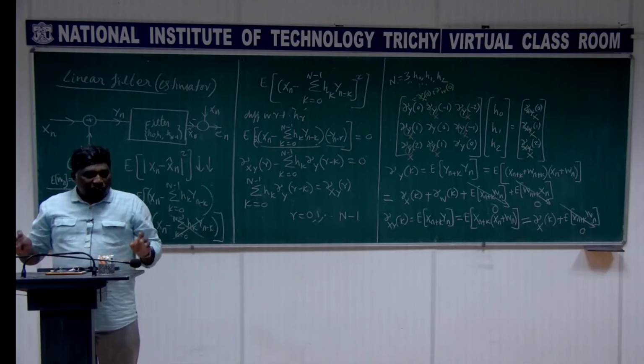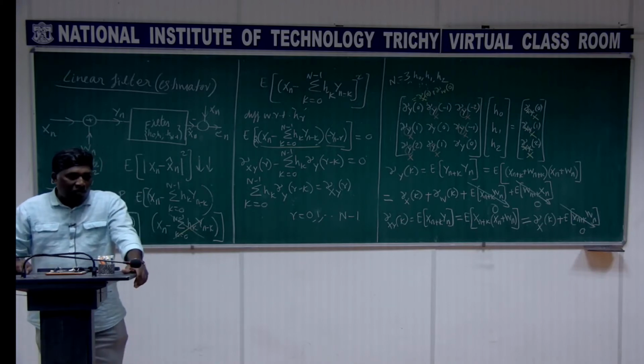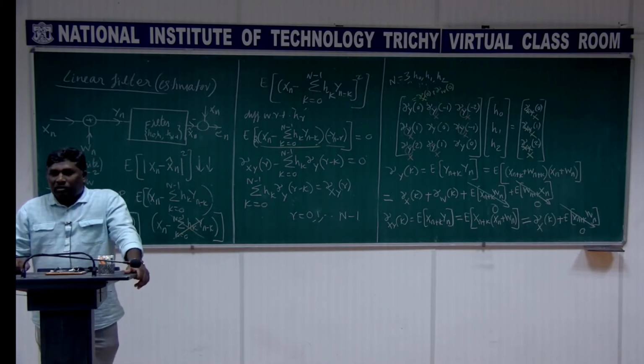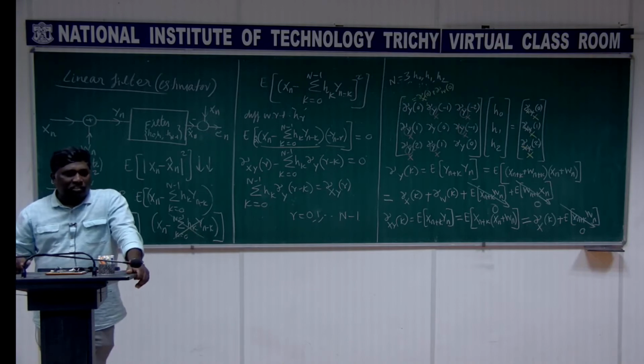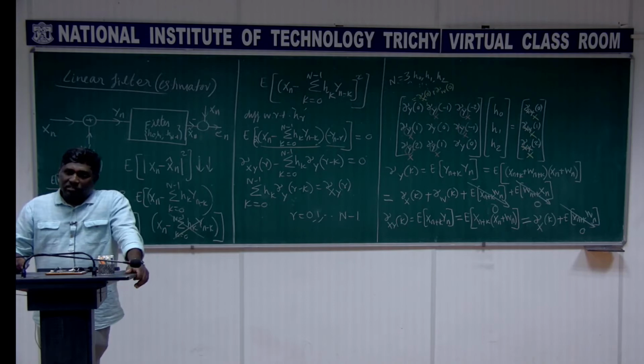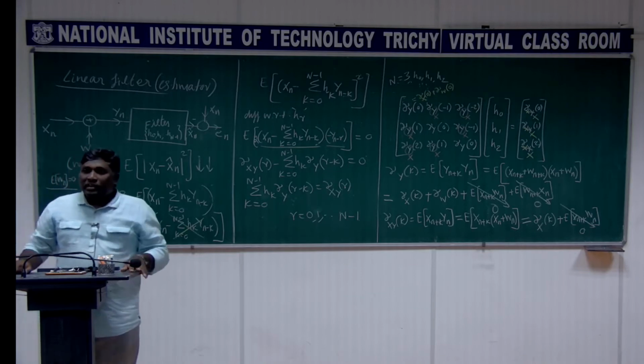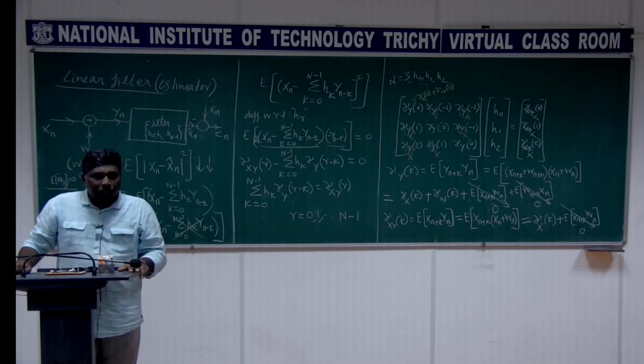Gamma w of k is fine, it is white noise. For that what we need is only the variance of that noise, that we can estimate. The noise variance needs to be estimated, sigma w squared is fine. But how to get this gamma x of k?